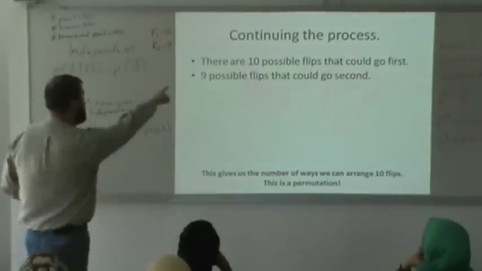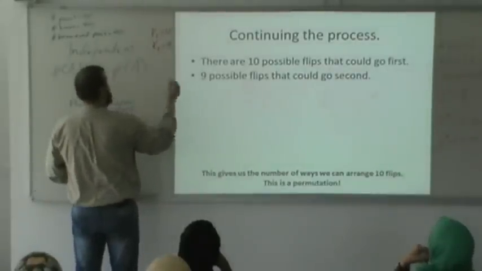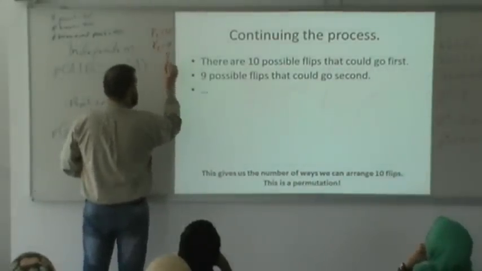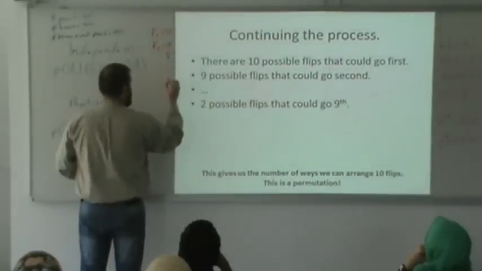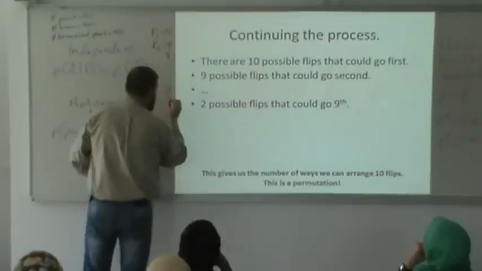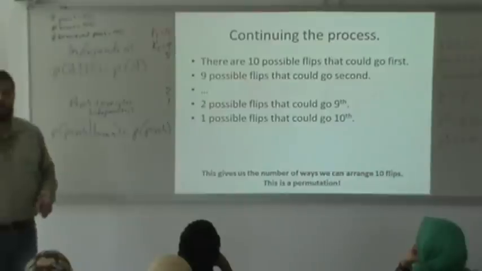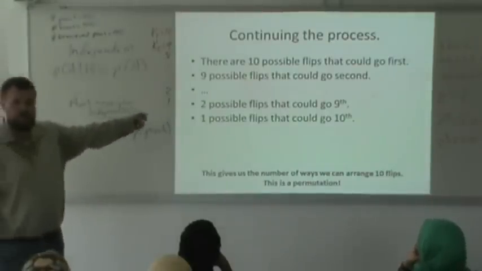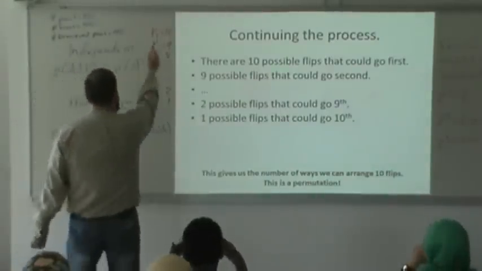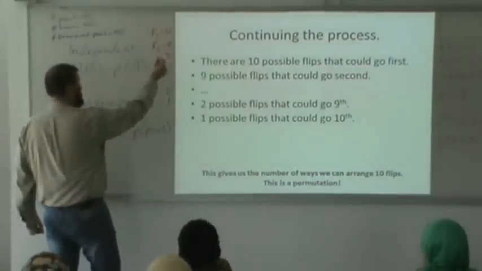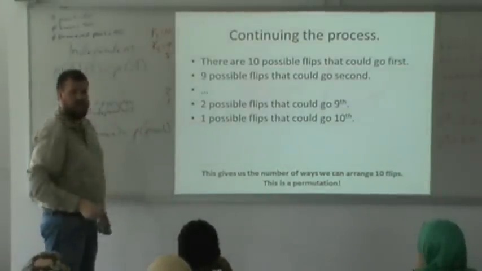So we have 10 for the first, 9 for the second, 8 for the third, so on and so forth. 2 for the ninth one, and 1 for the last one, right? So we can just apply counting rule number 2, K1 times K2 times K3 times all the other Ks.